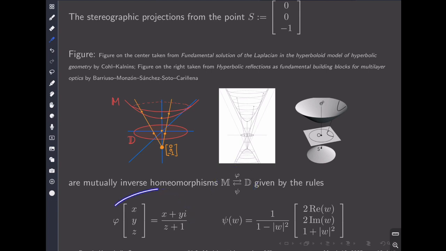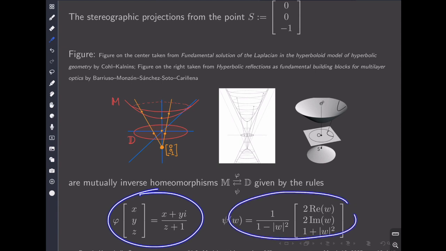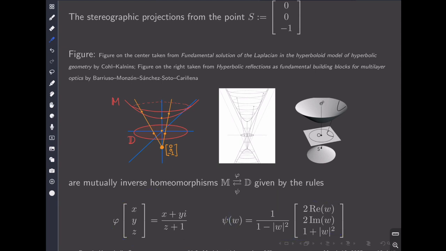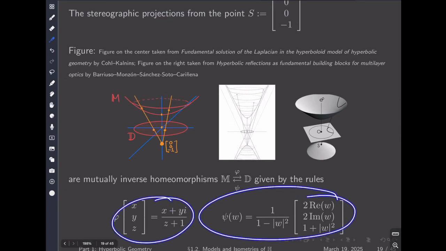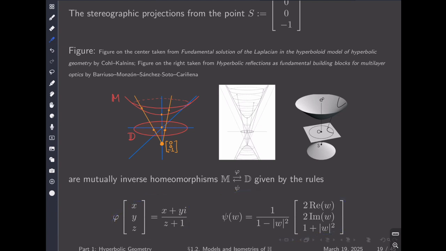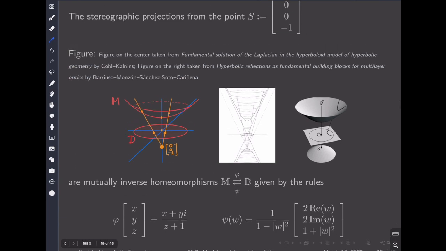Given by these rules, one can give the rules precisely. This is very easy, just with basic linear algebra. And these rules allow me to see that they are actually diffeomorphisms of class C infinity.